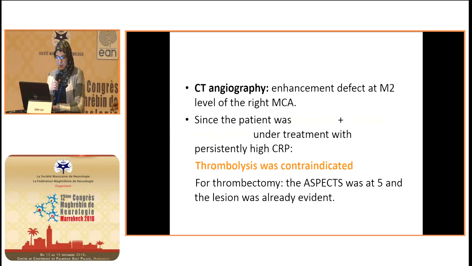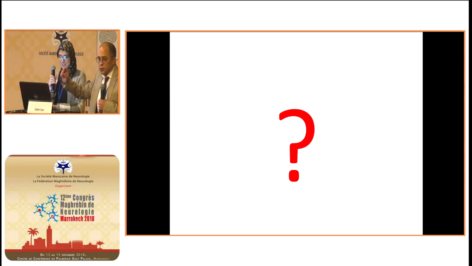So for us, what's to do? Thrombolysis, thrombectomy, nothing? Pregnant, endocarditis? Thrombolysis, I think no, which is also a contraindication. So no thrombolysis. The question of thrombectomy, I don't know, because it's calcified.